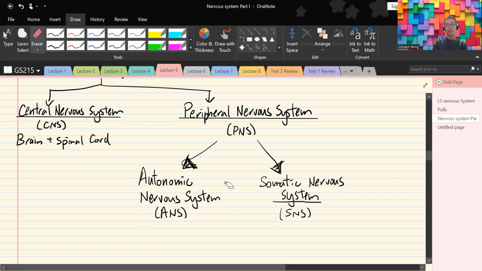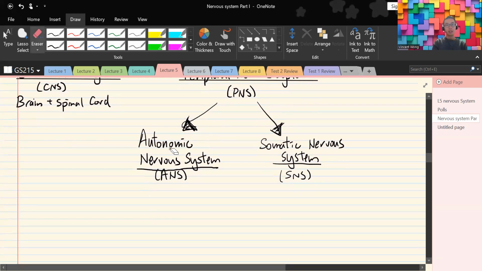All that stuff is governed under the ANS. And anything that involves voluntary control falls under the SNS, the somatic nervous system. Like to talk, you would need the SNS. To move around, that's SNS.